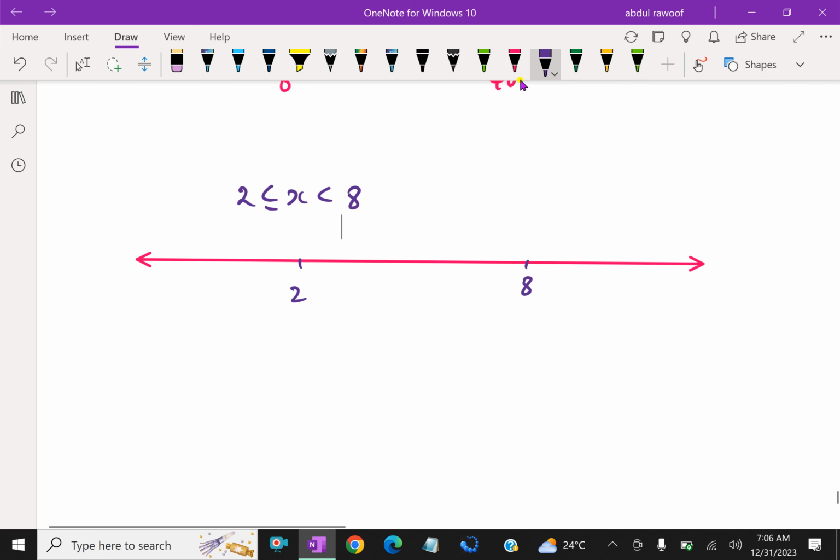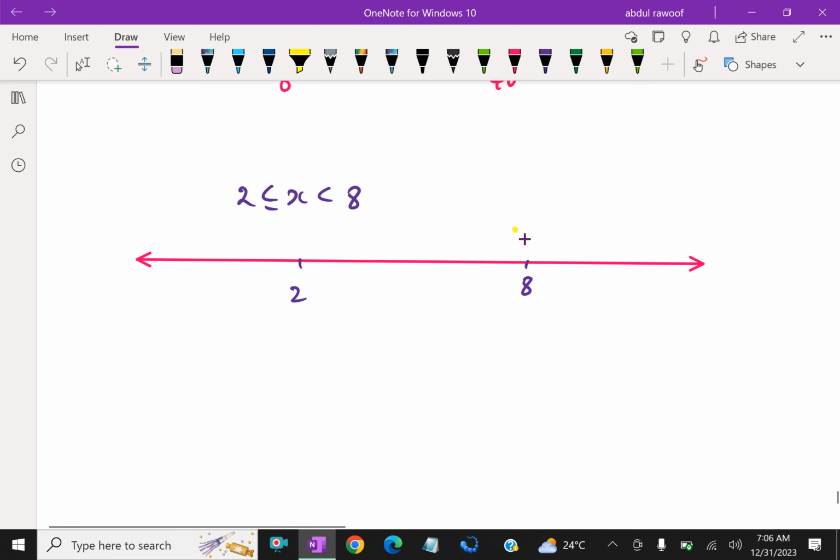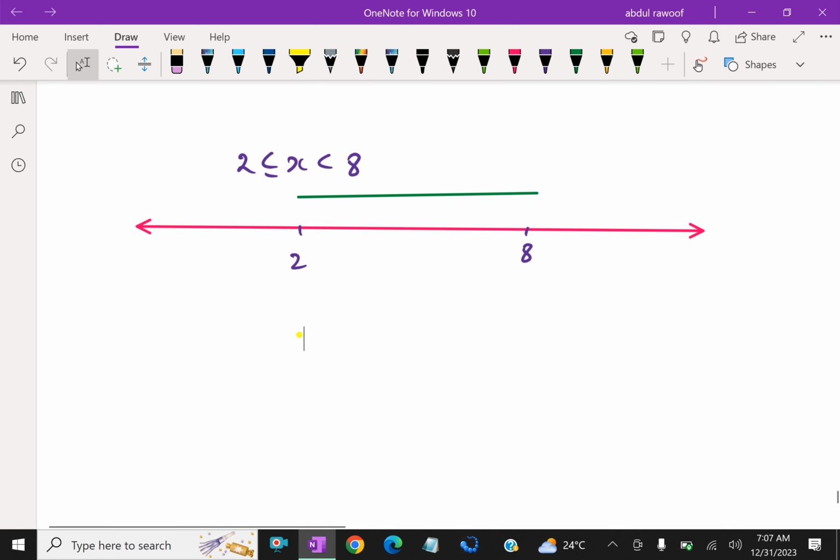Look at here. This one, x is greater than or equal to 2 and less than 8.